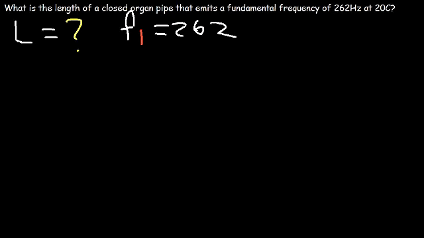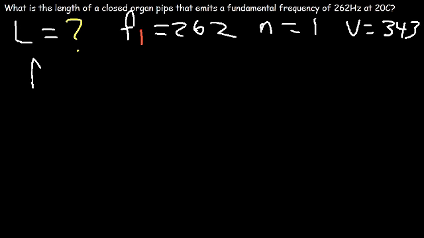What is the length of a closed organ pipe that emits a fundamental frequency of 262 hertz at 20 degrees Celsius? So we're looking for L. We have the fundamental frequency F1, which is 262, and at this frequency n is 1, and we know the speed of sound is 343.